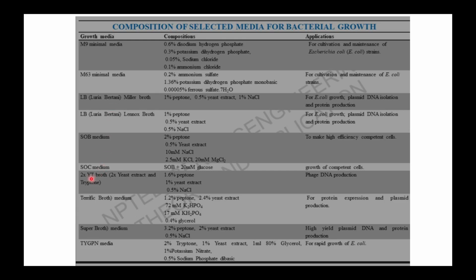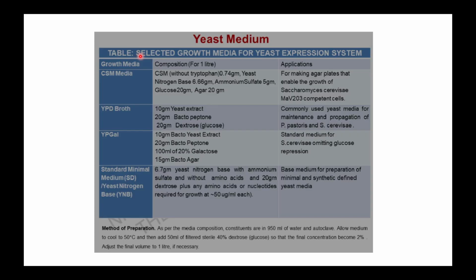And there's yeast, peptone, tryptone, SOC medium, SOB medium. So there are different kinds of growth medium, which are used based on the type of application that is required, or the downstream processes that we want to use the bacterial cells for.